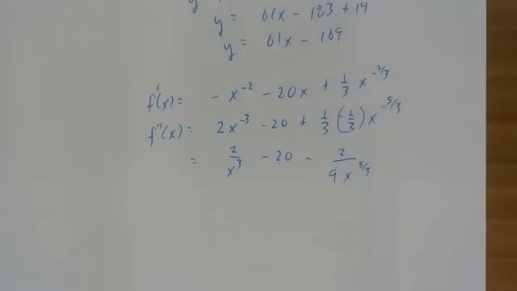Now the one thing you can do, so I don't make mistakes, I'm going to go over here on my computer, which you can't see, and go to Google and type in derivative calculator. You can actually put in the original function and find the second derivative.